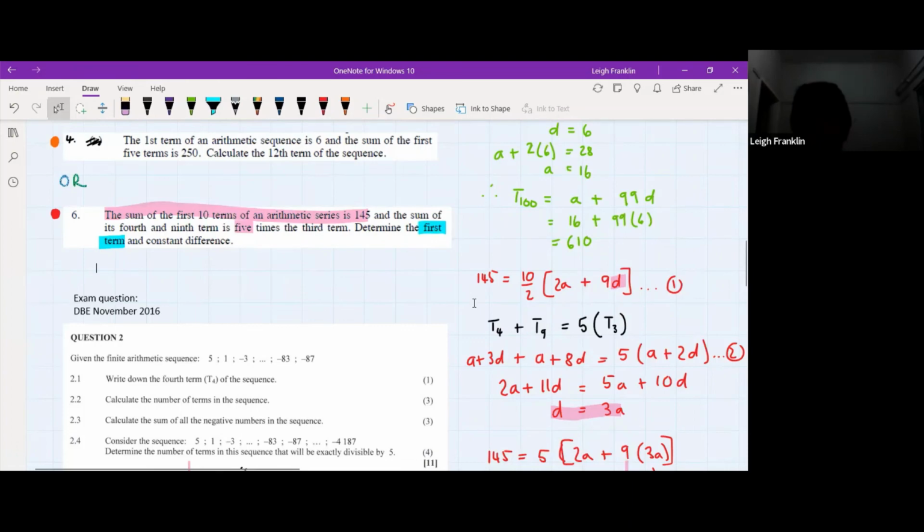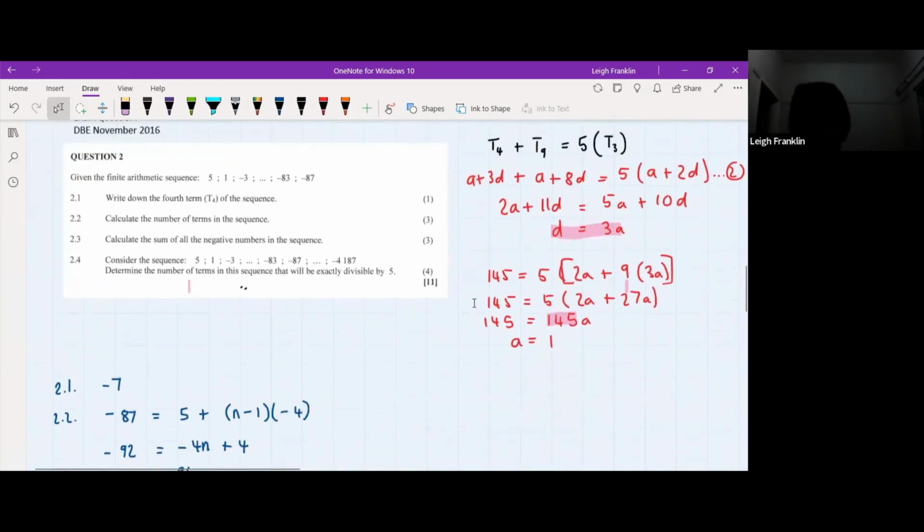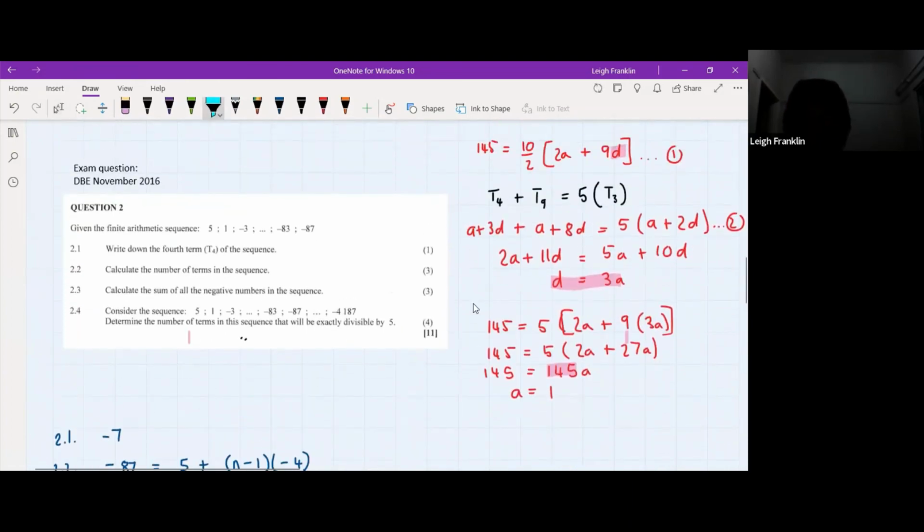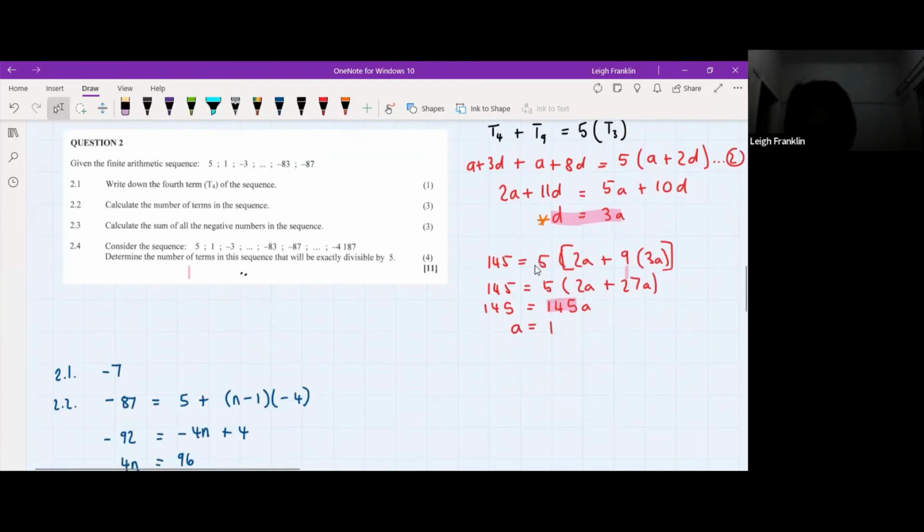So they want D as well, right? So now we're going to go and sub back into this equation over here, matrix, and we're going to work out what D is. All right, so D is going to be equal to 3 times 1, so D is 3. So A is 1 and D is 3.